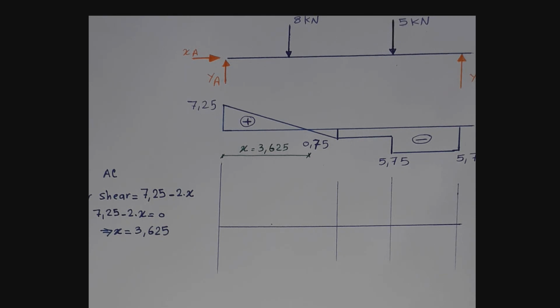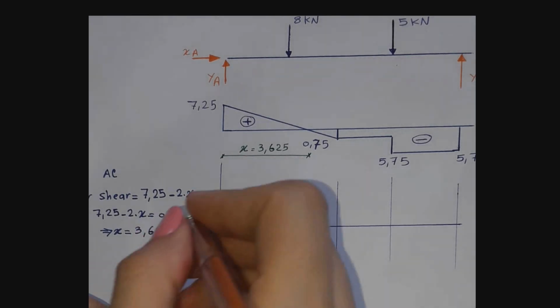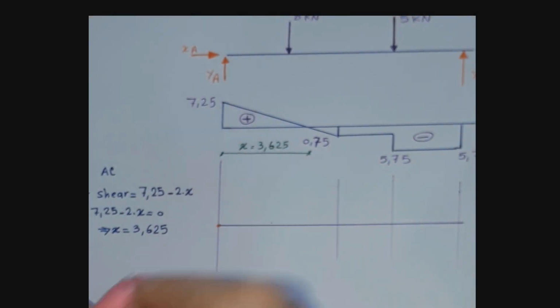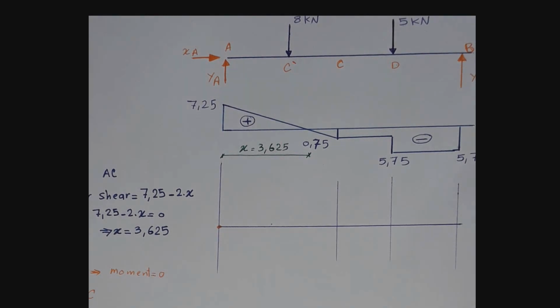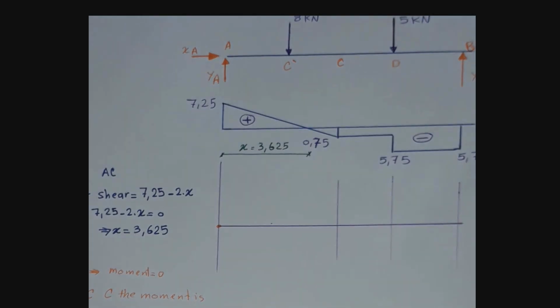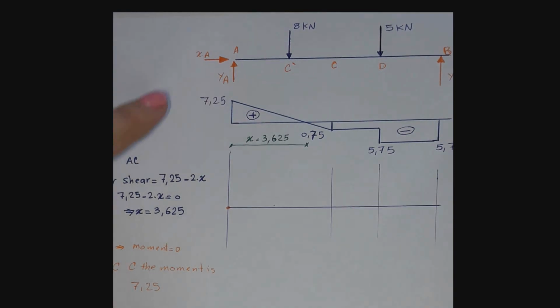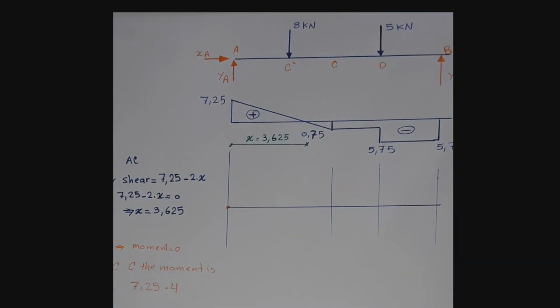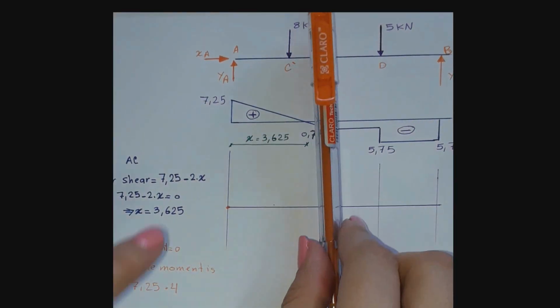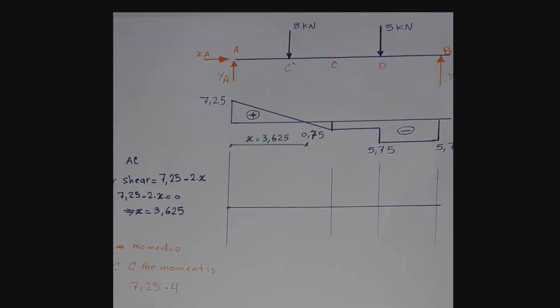We have to find the moment at significant points. I'll start step by step. At point A, moment equals 0. At point C, the moment is 7.25 multiplied by 4, and the moment is positive because we are studying from the left, and YA goes clockwise, and when we study from the left, the positive moment is the moment that goes clockwise.